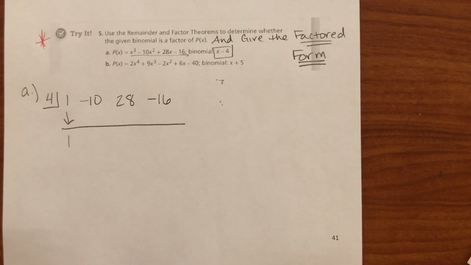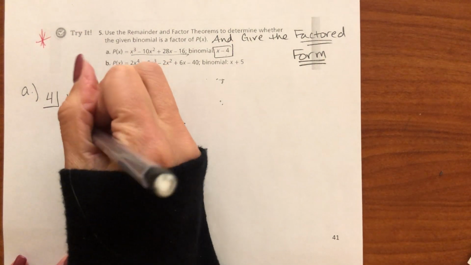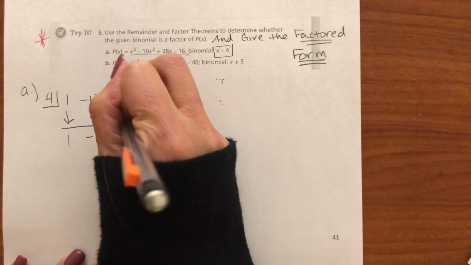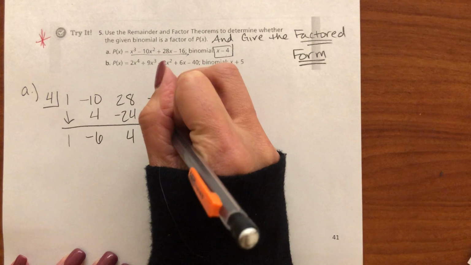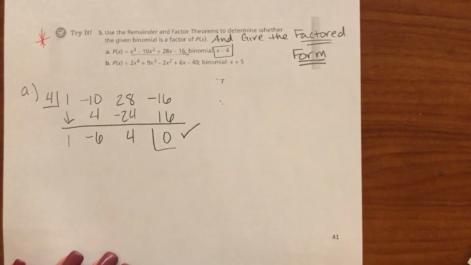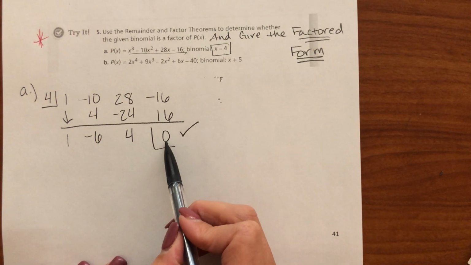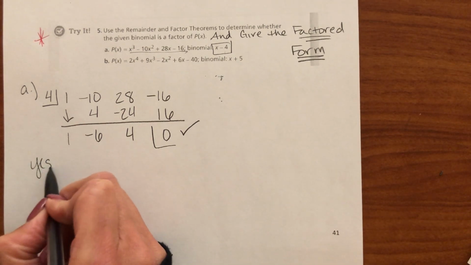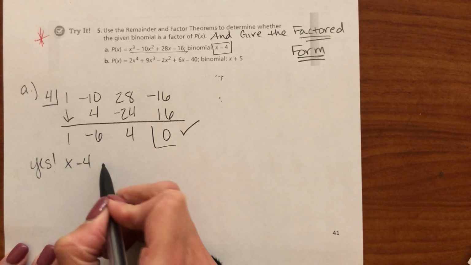Okay, go ahead and use your synthetic division. So, you got a 0 remainder, so that tells us that yes, x minus 4 is a factor.